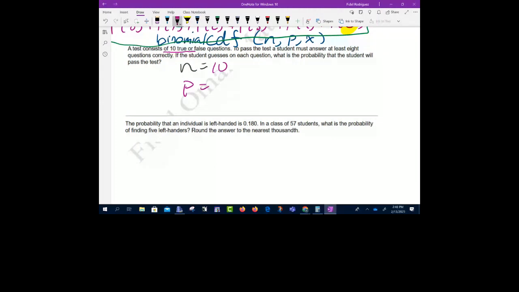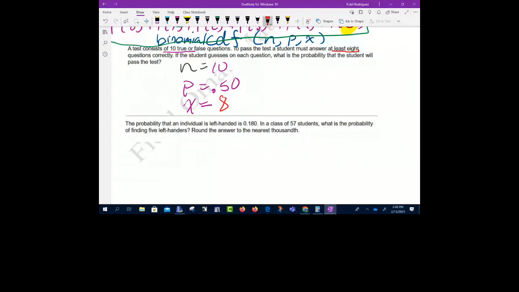Now, let's figure out our probability. The questions are true or false, so it's either true or false. If you guess, what is the probability you're going to get it right? 50%, right? So 0.50. In order to pass this test, we have to answer at least how many questions? 8, right? So I want to know what's going to happen if I get 8 questions right.